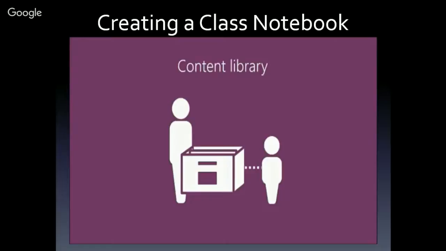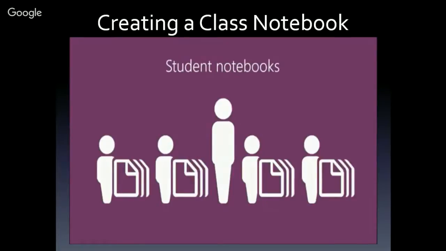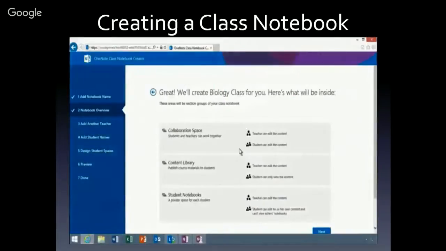This area can be used for distributing tests, assignments, or other course materials to students. Student notebooks provide a private space for each student to work. Teachers can view and edit each student's notebook, but students can only see their own. Click or tap Next to continue.